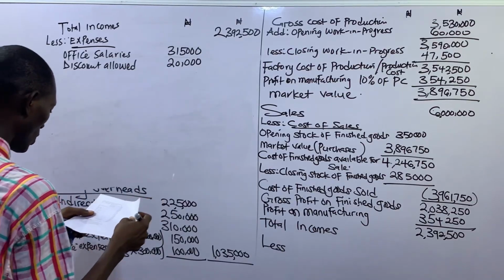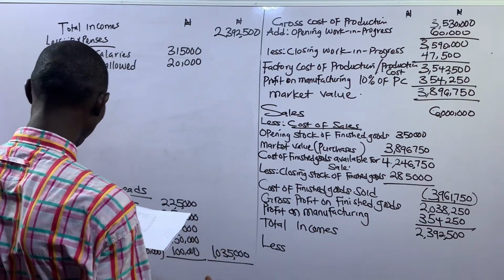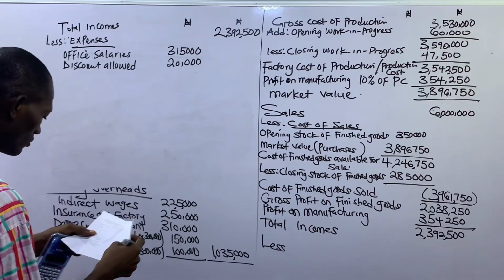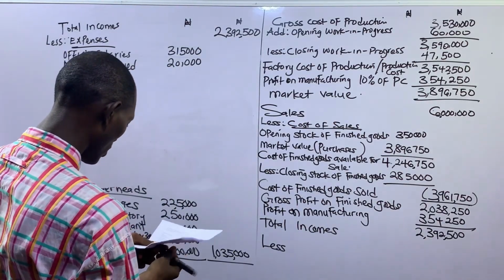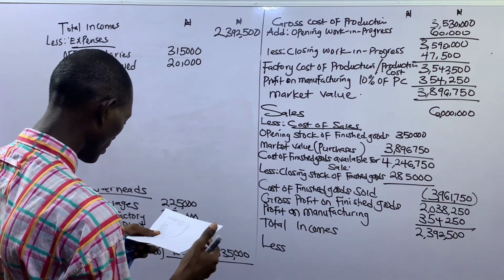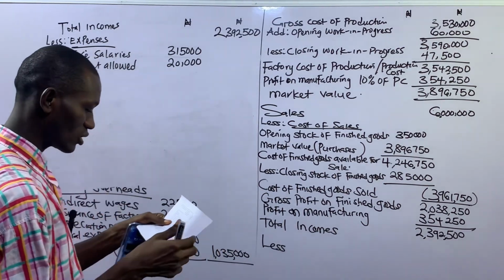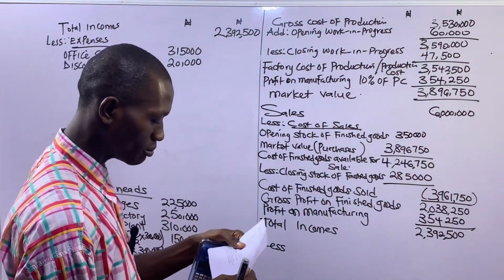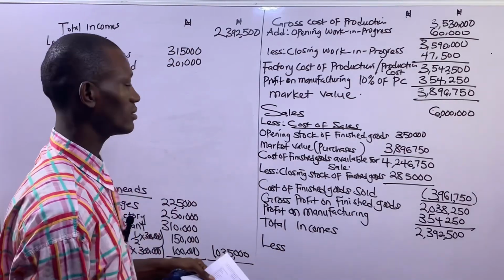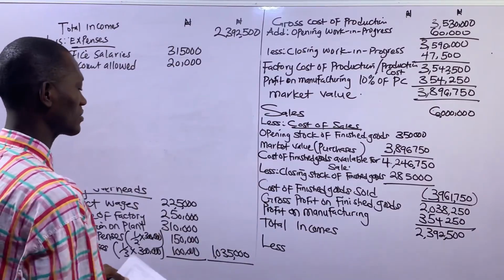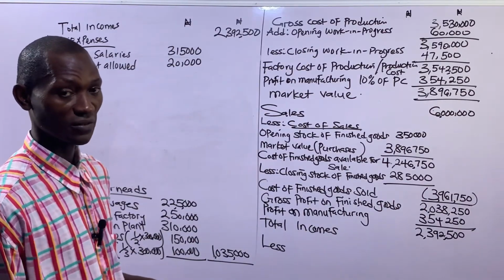Then indirect wages, we have treated that as factory overheads. Then general expenses. Do not forget, we were given additional information: half of general expenses relates to factory. So we have charged half of that general expenses to factory overhead, which is 150,000.